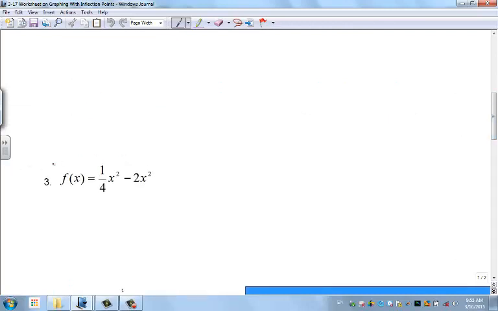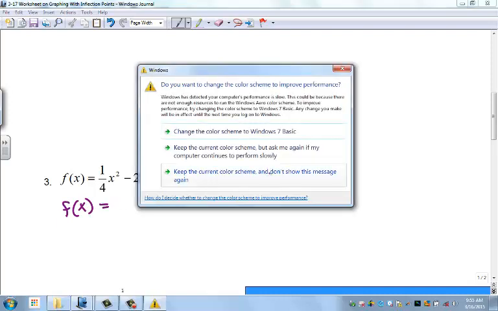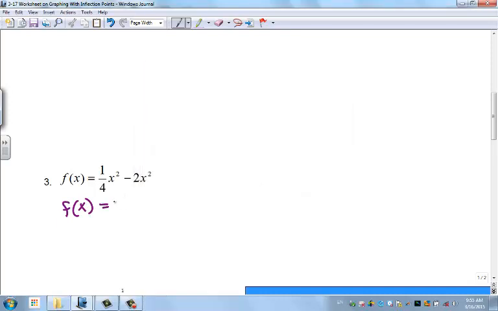What you need to do with number 3 here, it was a typo. So just subtract these before you start. On the worksheet, you should start out by subtracting and simplifying this function. It actually turns out to be a parabola, so it should be pretty simple. This is f of x equals negative 7/4 x squared.